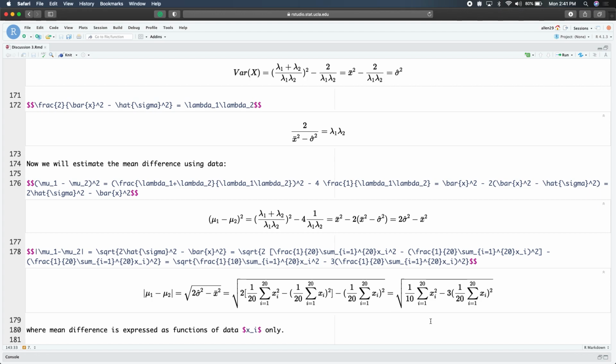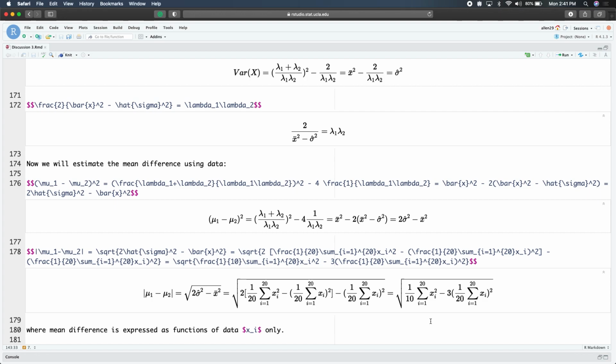And this is just the estimation for the difference. It has to be an absolute value because we don't know whether the quantity under the square root is positive or negative. So whether the quality of component 1 is better than component 2 or the other way around, we can only know up to the absolute value.